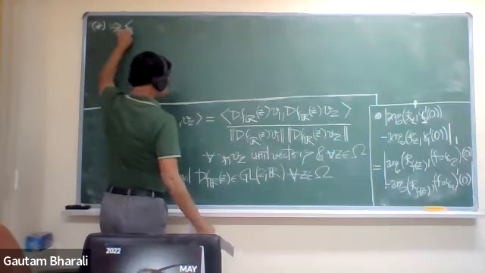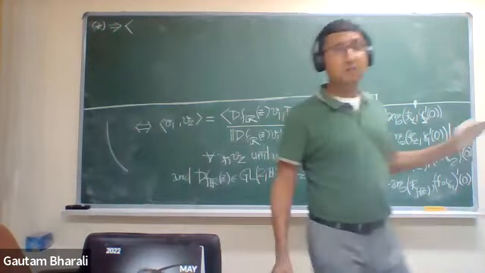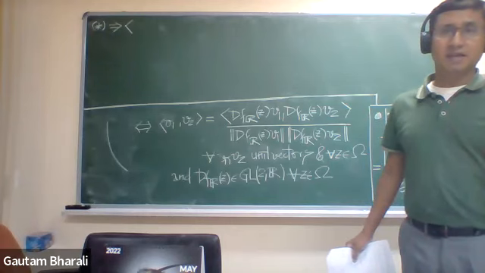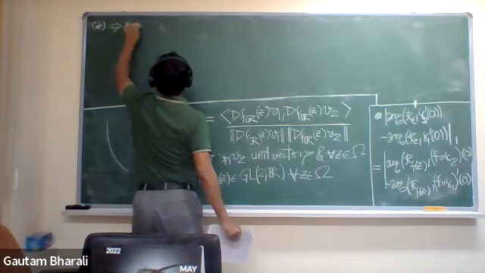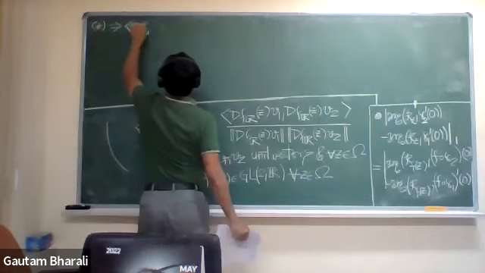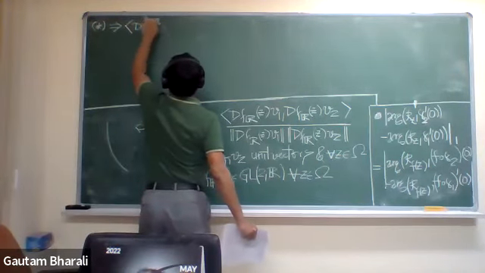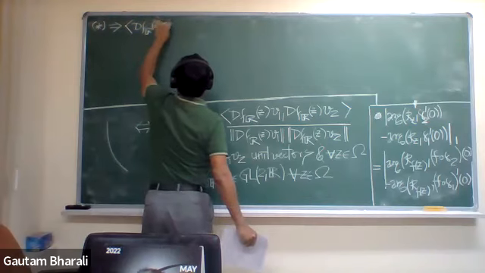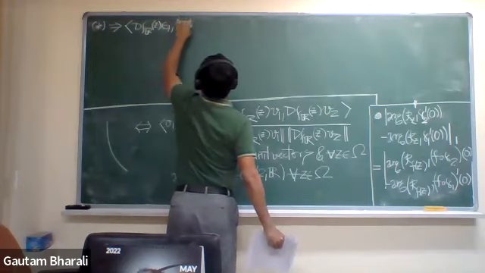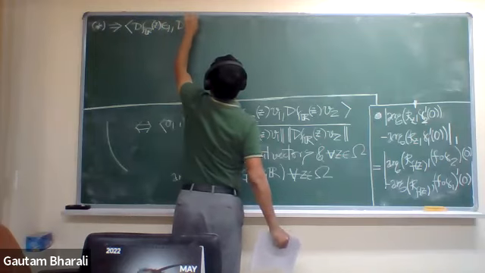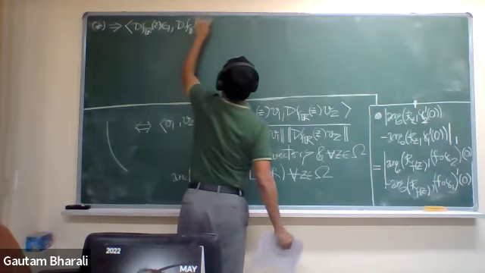Let us now take V1 and V2 to be those unit standard basis vectors, epsilon1 and epsilon2. So let's look at d f sub r at z acting on epsilon1, comma, d f sub r acting on epsilon 2.